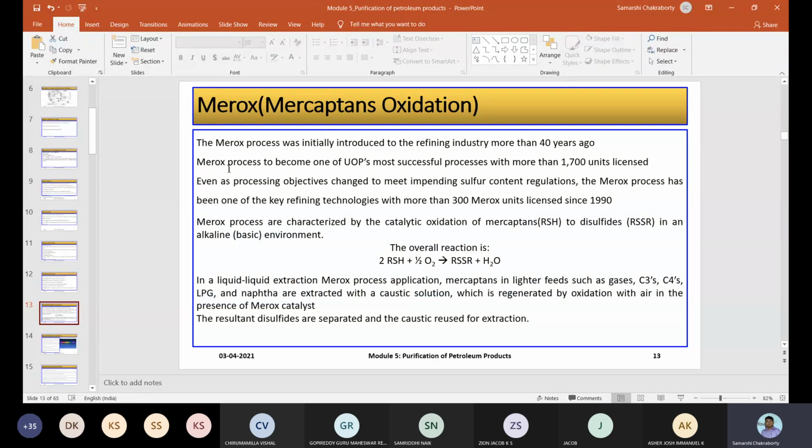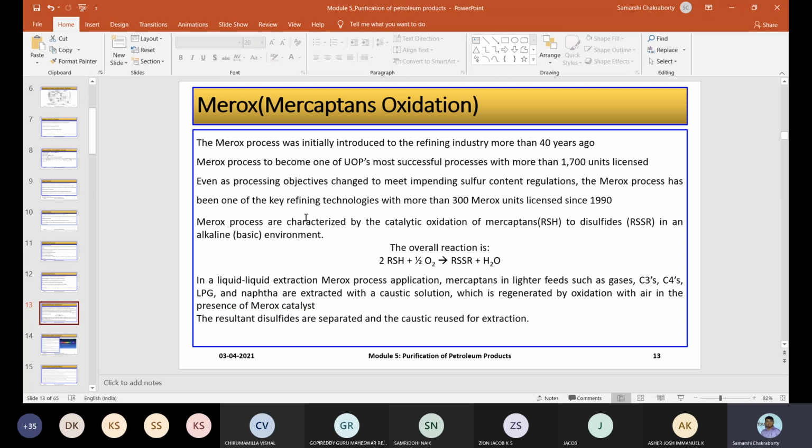Even as processing objectives change to meet sulfur content regulation, the Merox process has been one of the key refining technologies, with more than 300 Merox plants licensed since the 1990s. So it's a little bit old data.